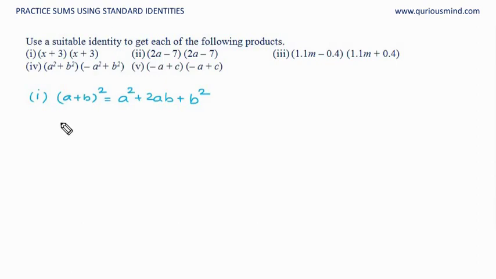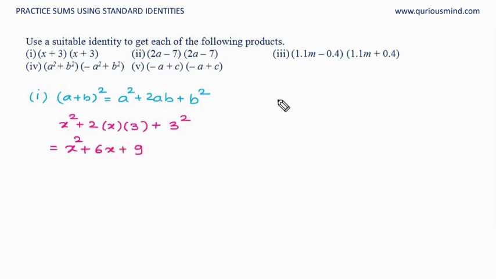So it is going to be x square plus 2 times x into 3 plus b square, so 3 square. And that is equal to x square plus 2 into 3, 6x plus 9.